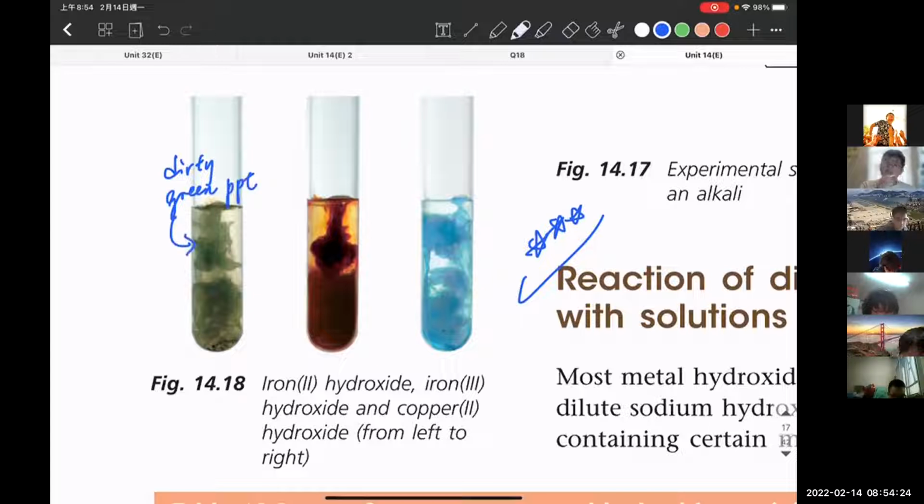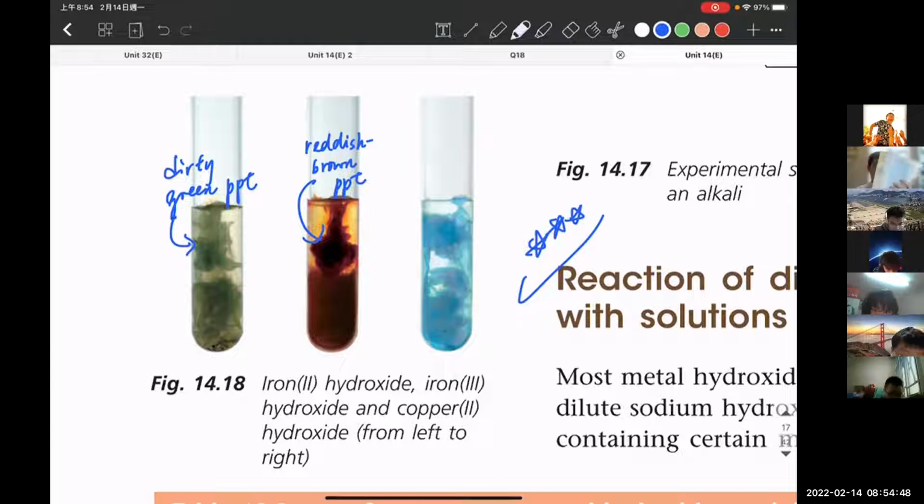It tells you the presence of iron 2. How about this? The color of it is very rusty, isn't it? So indeed, the color of it seems like rust. We will describe rust as a reddish brown solid. You borrow the same adjective and put it here.